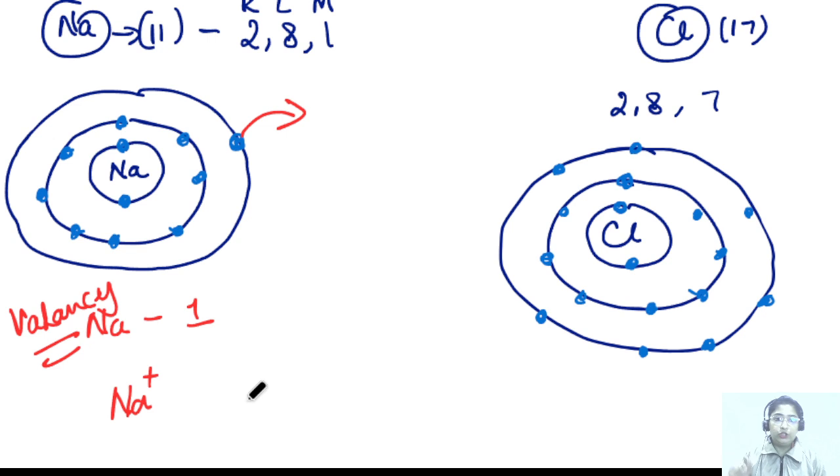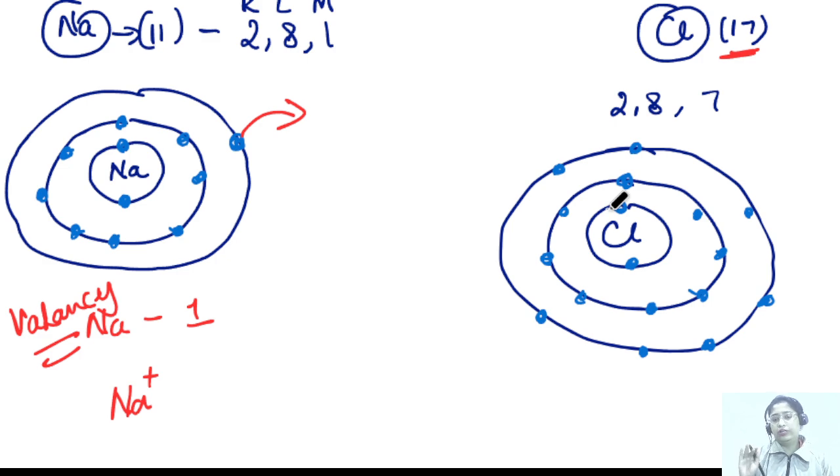Now, who is going to receive the donation? Chlorine is saying, to get stable, I need only one electron, because it already has 7 electrons in the outermost orbit, and it has 17 hands.